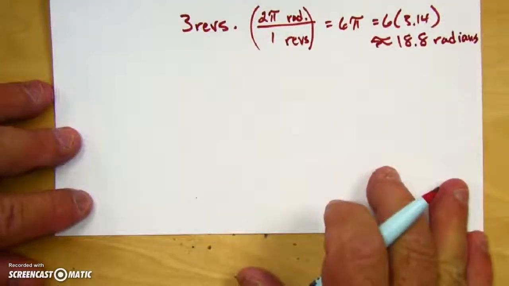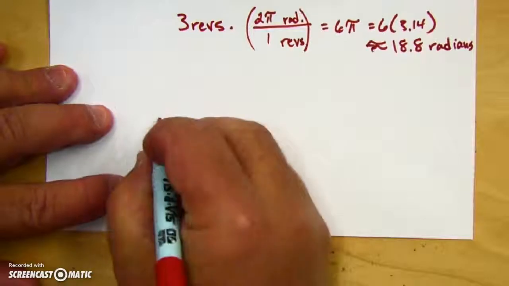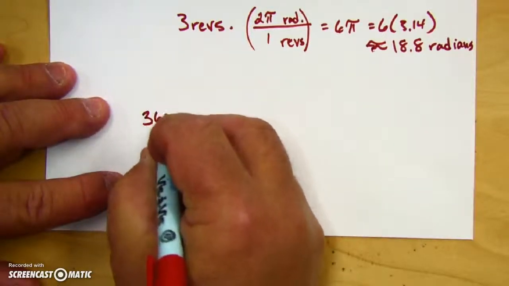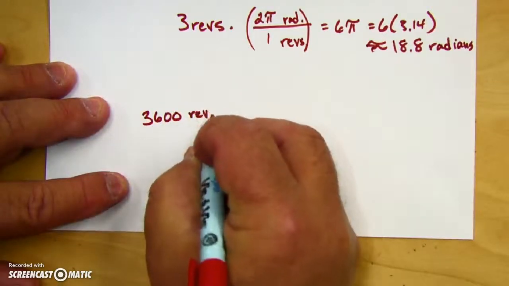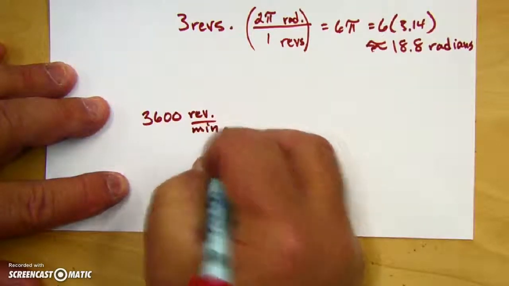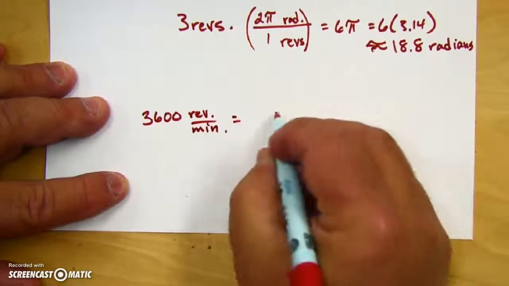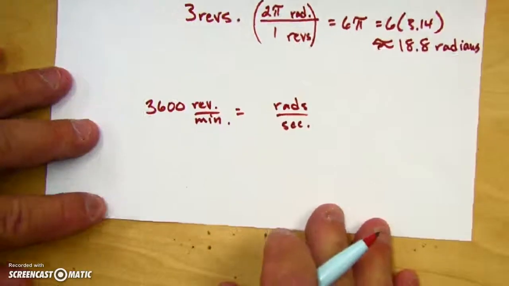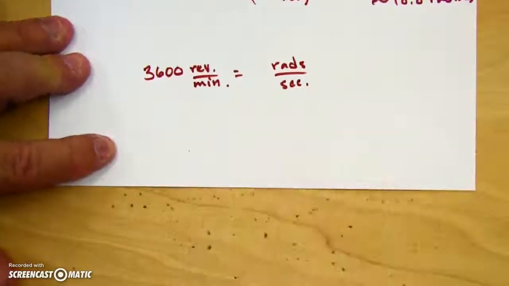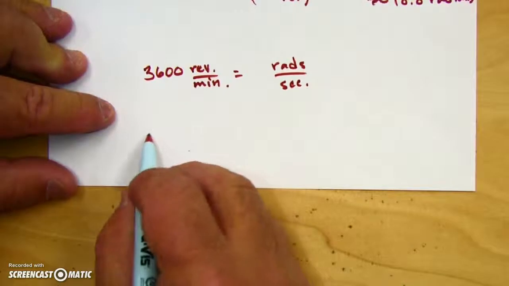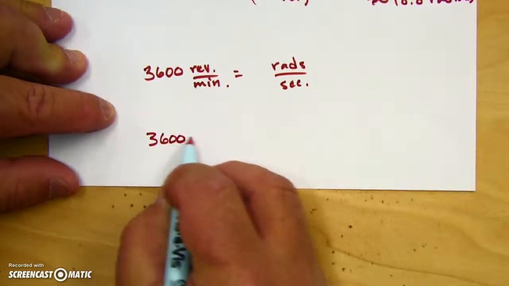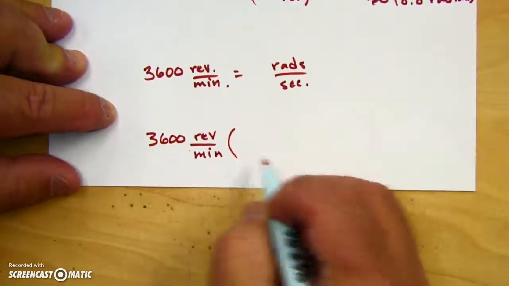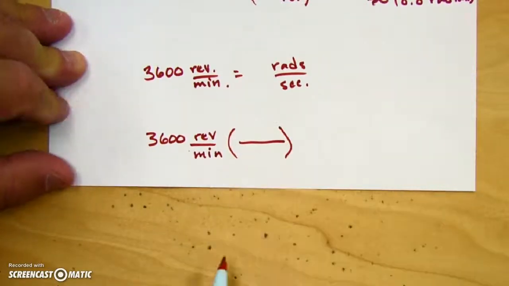Another thing you'll be asked to do is to go from revolutions per minute. Let's say we have 3,600 revolutions per minute, and I want to convert that to radians per second. There are 2 separate things you have to do here. First, we need to get rid of the revolutions. It's important when you're doing fractions to write them this way, because now I'm going to multiply by another fraction.